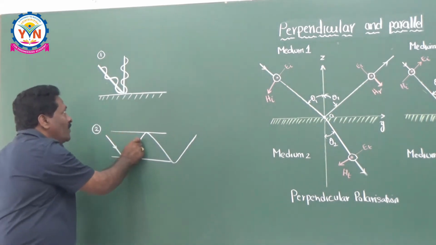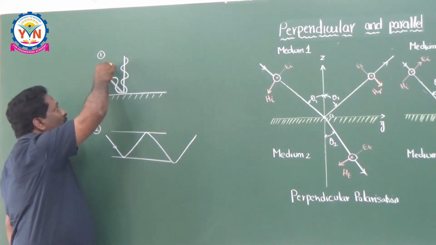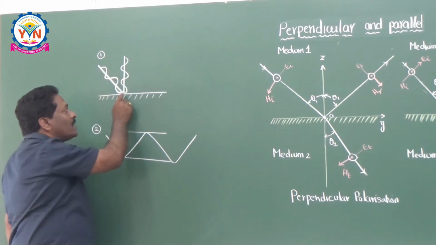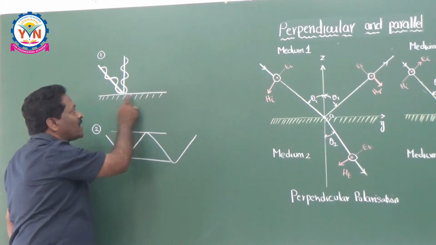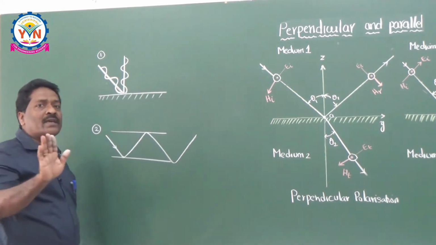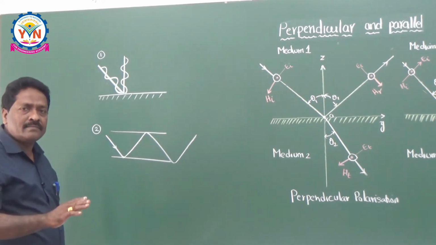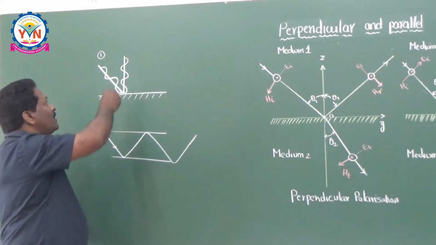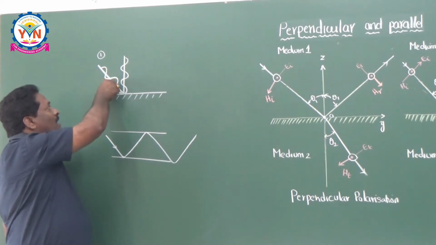Whenever the wave is coming in the oblique direction and touching the surface of this interface, which is separating two mediums, you have to consider two cases. Number one, the electric field may be vertical, or the electric field may be horizontal.